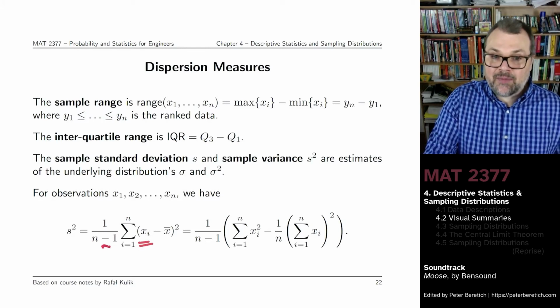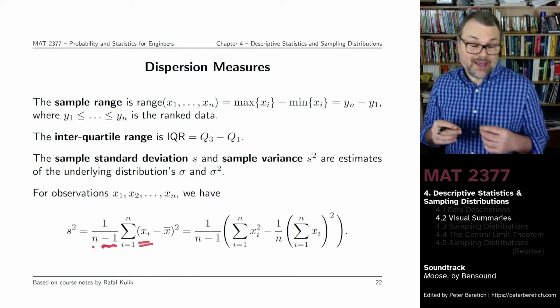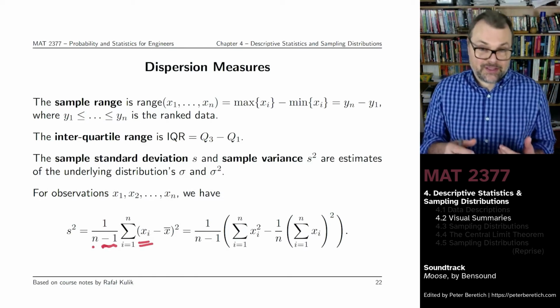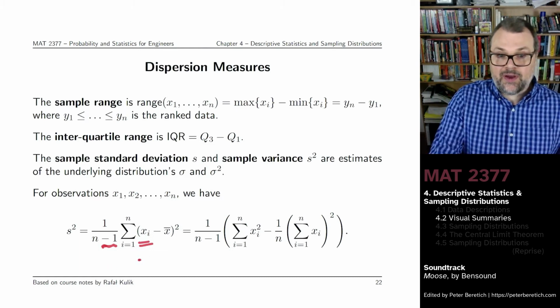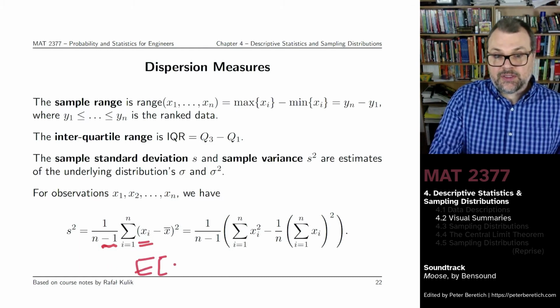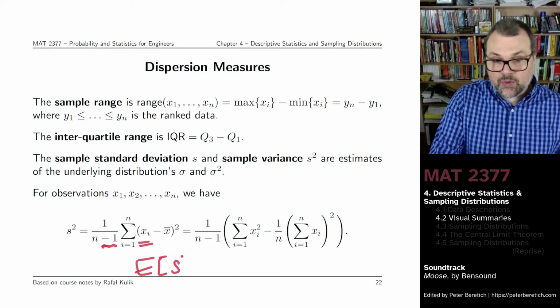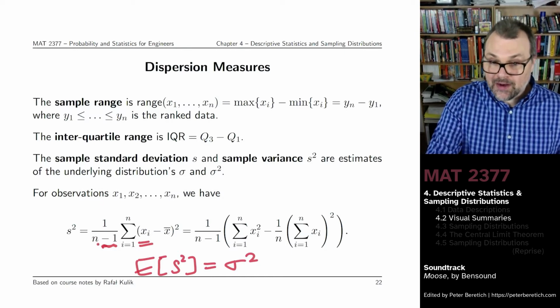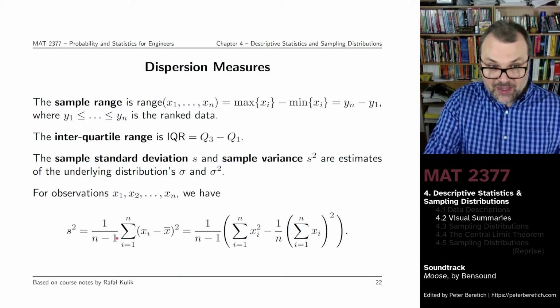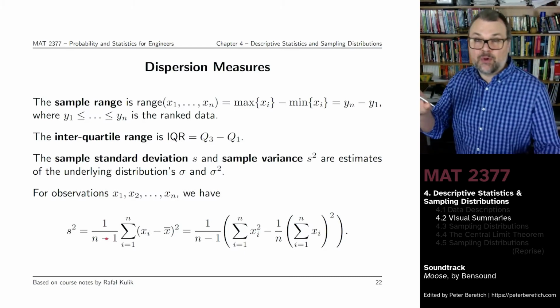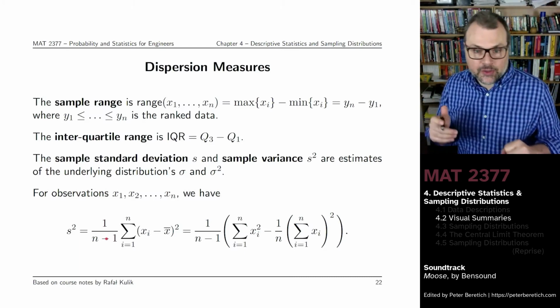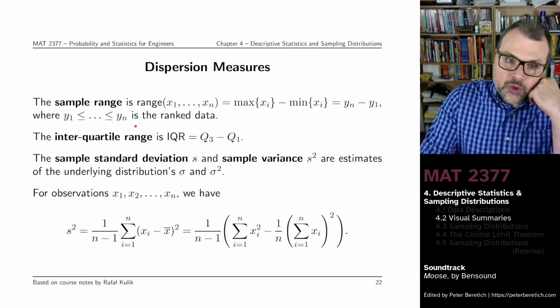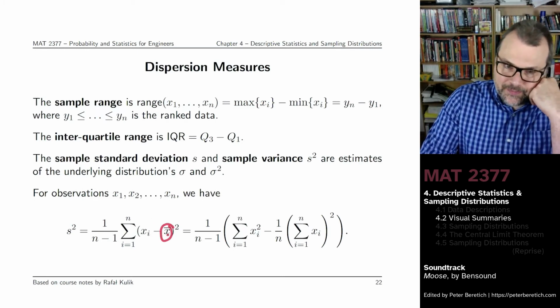And you divide by n minus 1 because if you only divide by n, you will have a biased estimate. And we'll talk about this later, is that the expectation of this s squared is going to be the true variance. If instead you had used 1 over n, this wouldn't be true anymore. The reason why you have to subtract 1, and this is something we're going to revisit when we talk about linear regression, it's because you've already used your data to estimate one quantity, the mean.